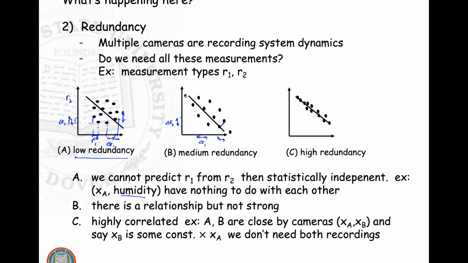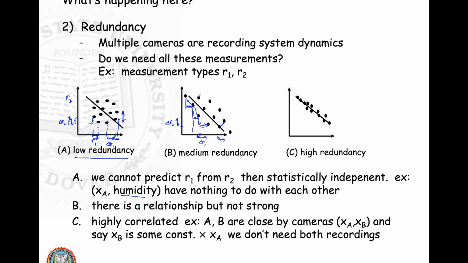Here we have a unit step increase in R1 is a decrease in R2. Here we see a unit step increase in R1 is a unit step decrease in R2. So it seems like there's a relationship: increase in R1 is a decrease in R2, increase in R1 again is a decrease in R2, and again.